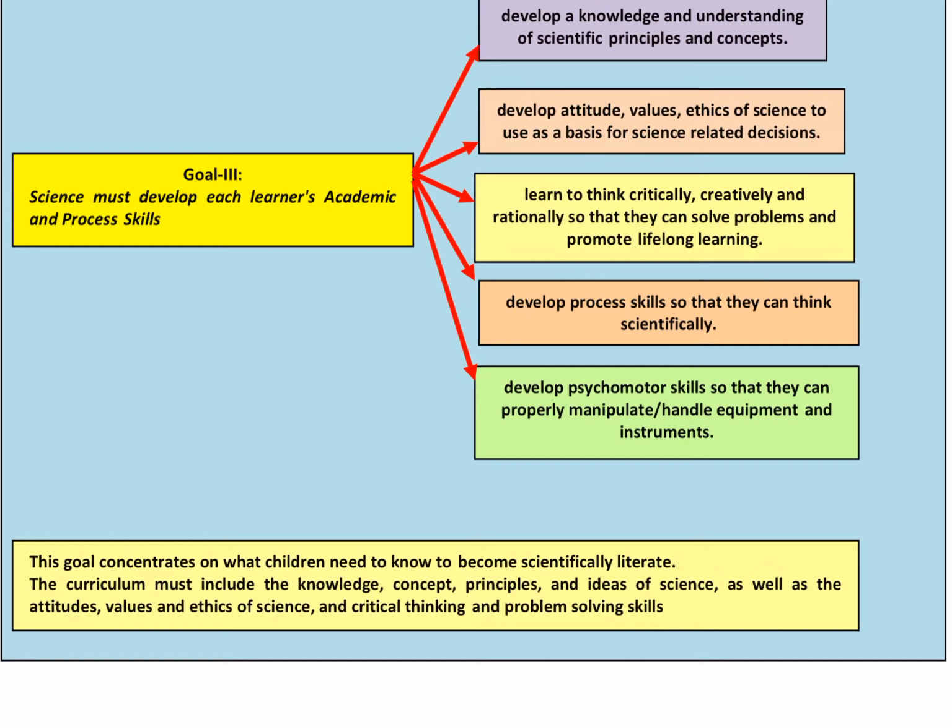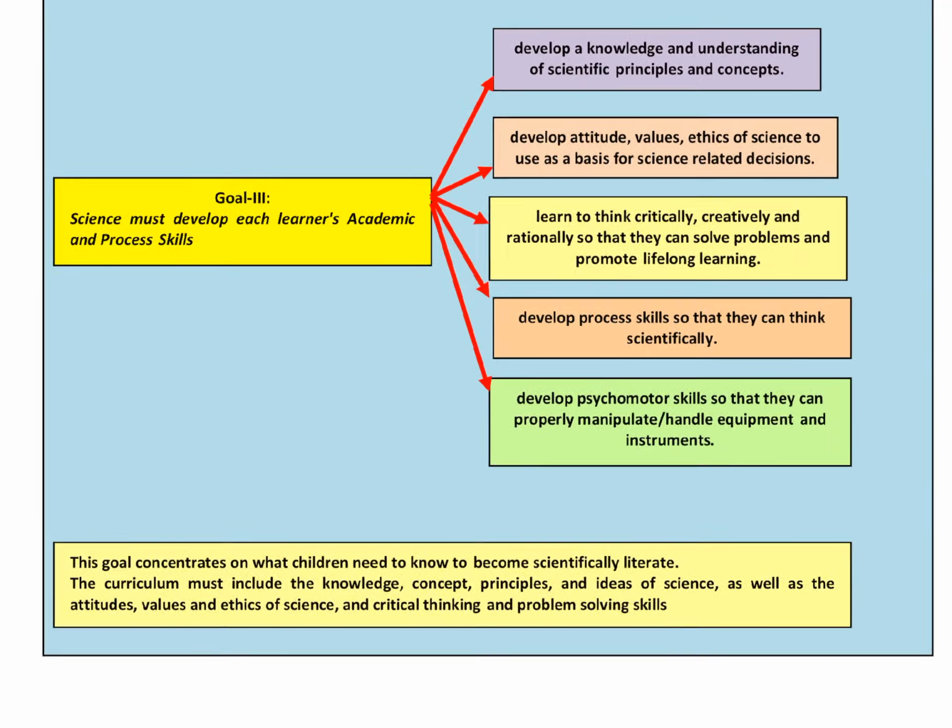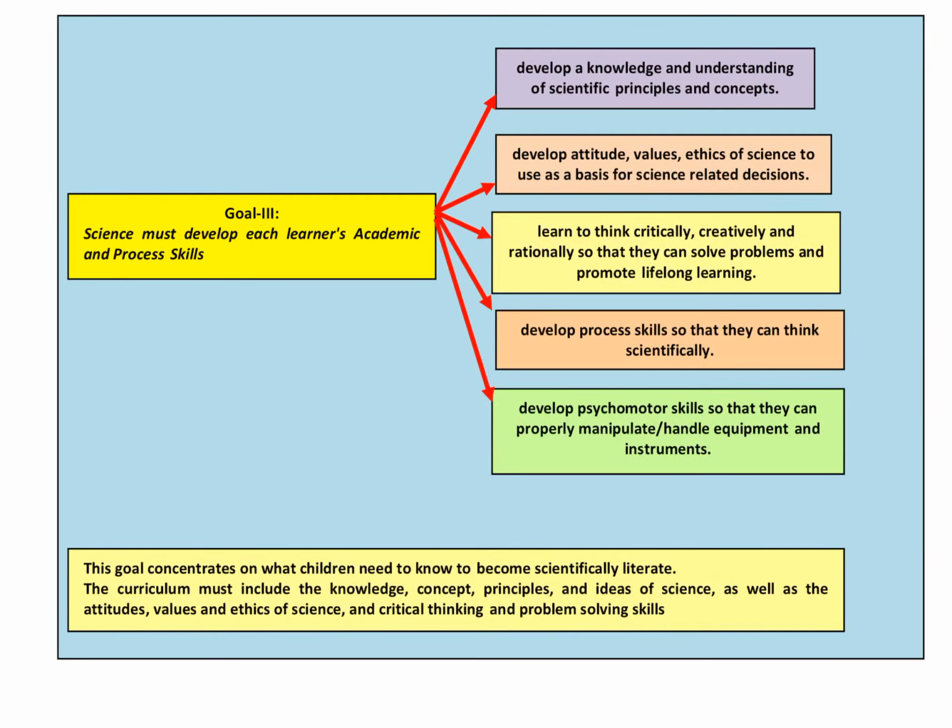And we can say goal 3 mostly focuses on what the learners need to know to become scientifically literate. They should know the knowledge and understanding of scientific principles and concepts. They also have to develop their values, scientific attitude, and their thinking ability, and different process skills and different psychomotor skills.